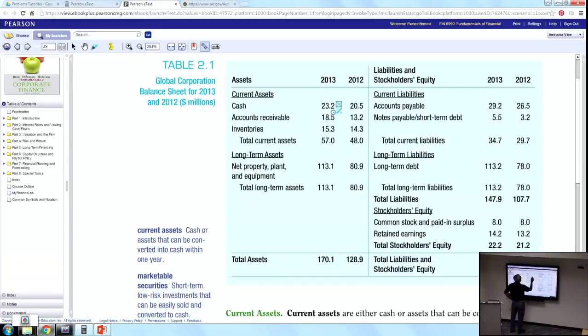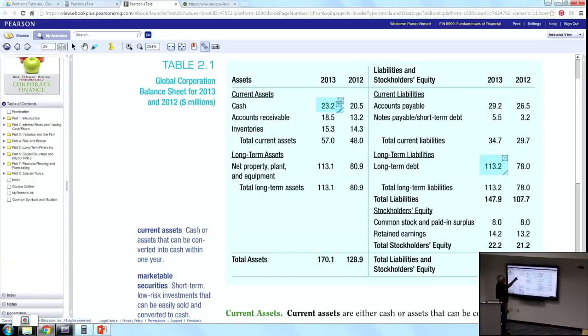You see 23.2, that's what we have as cash, and long-term debt is 113.2.